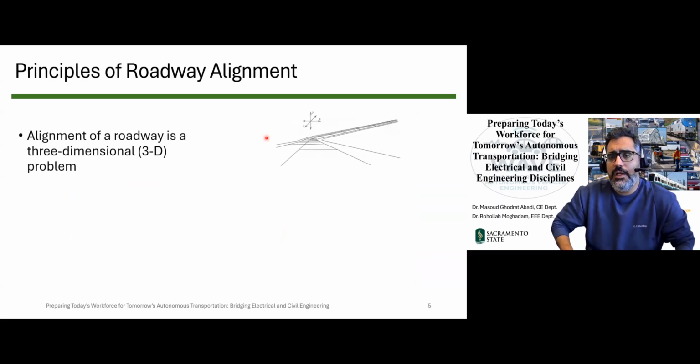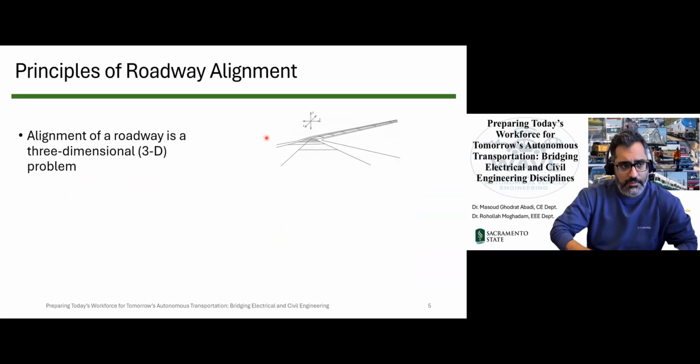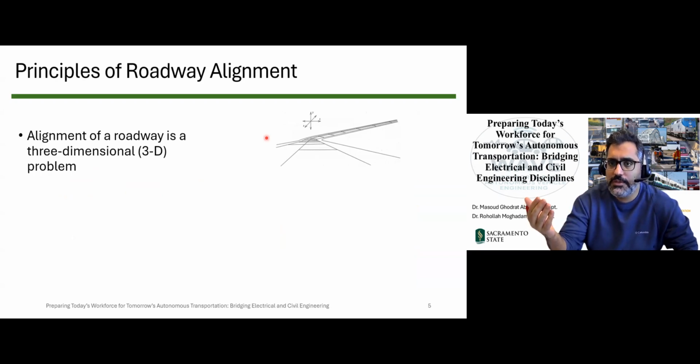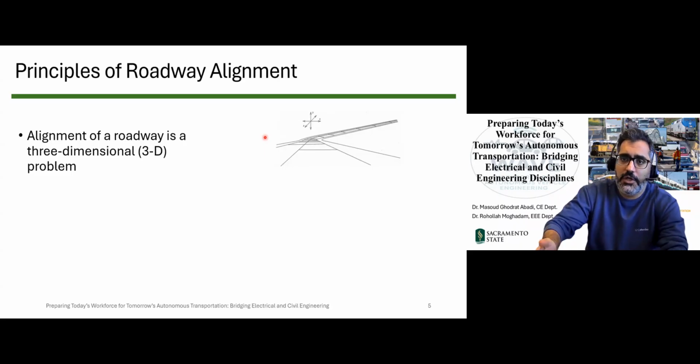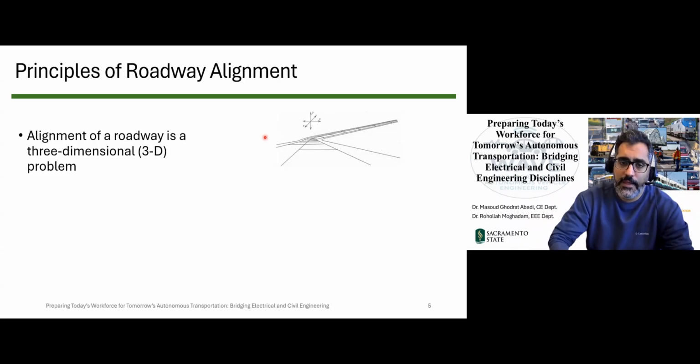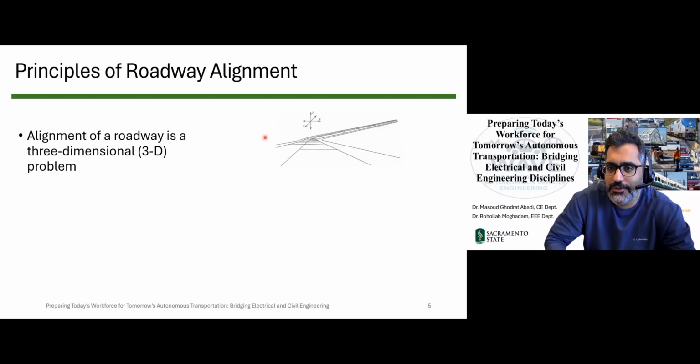When we talk about highway geometry, or we talk about highway in general, as you're driving on a roadway, you're moving in a three-dimensional environment. So at the same time, you're moving on X, Y, and Z. But for educational purposes, if I want to teach you highway geometry, also for construction purposes, if I want to create some maps and give them to the construction company to construct the roadway, 3D images are difficult to understand and difficult to learn, right?